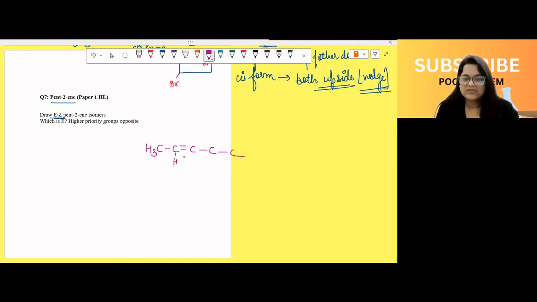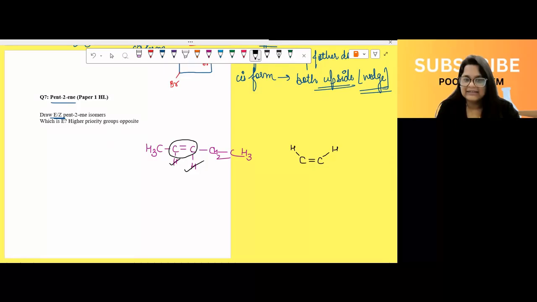So you have a double bond along this: C double bond C, both carbons attached with 1 hydrogen. This carbon is attached to a C2H5 group, and this is attached to a CH3 group.